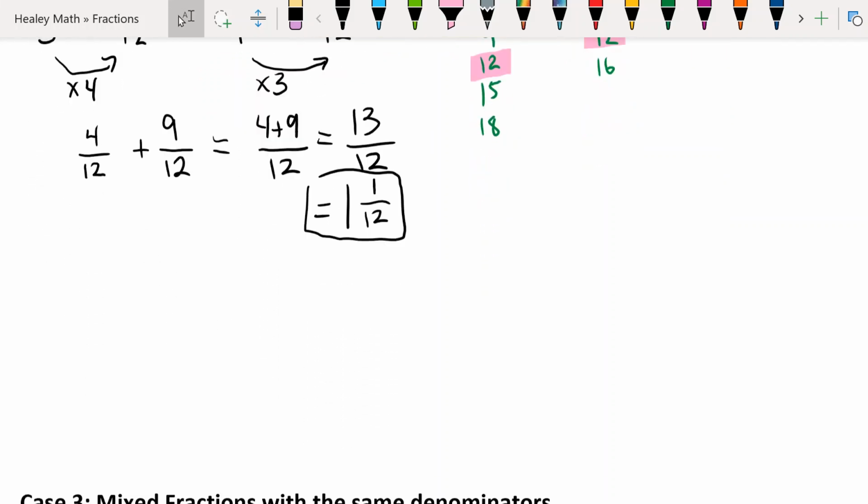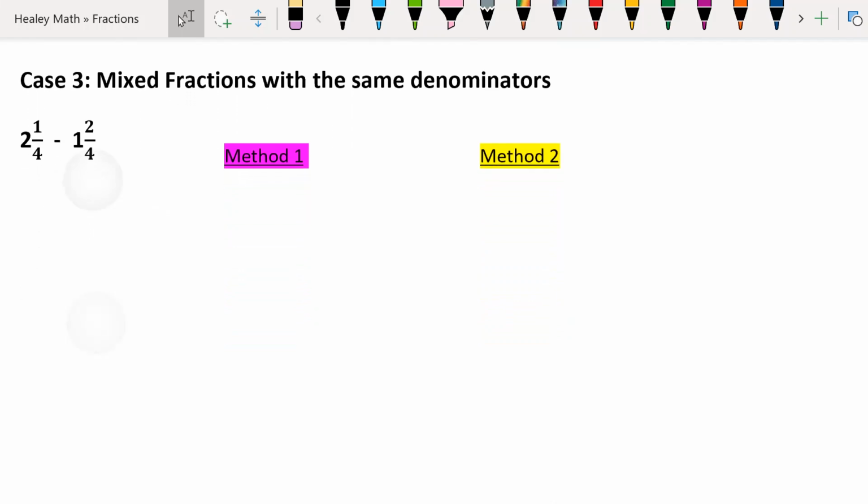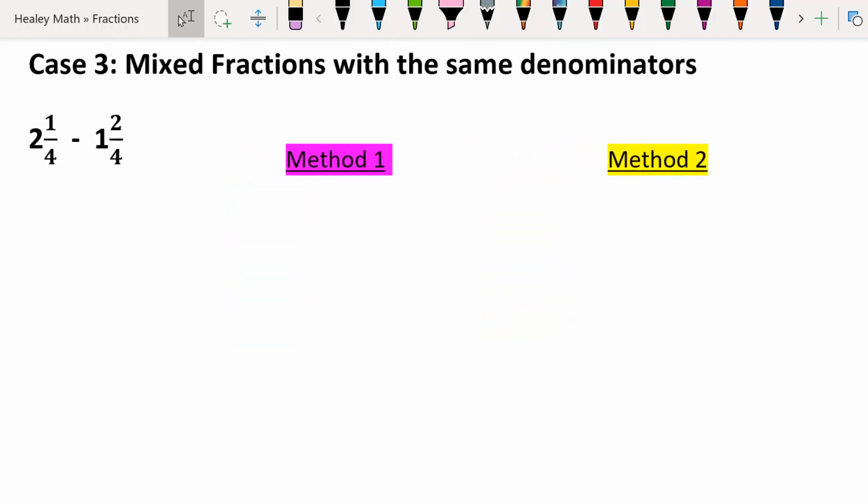Case number 3. In case 3, we have a mixed fraction subtract a mixed fraction. There's 2 different methods that we're going to show today. The first method is our first step.